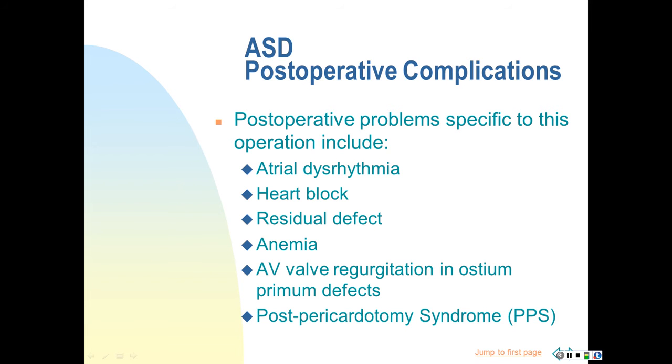We might not have closed it all the way, and we might have a little bit of a leak. Because we have interrupted the electrical conduction system, we could have some dysrhythmias. Anemia just because of the surgical procedure. AV valve regurgitation, if that hole in the atriums was low enough down that it was near the valve.